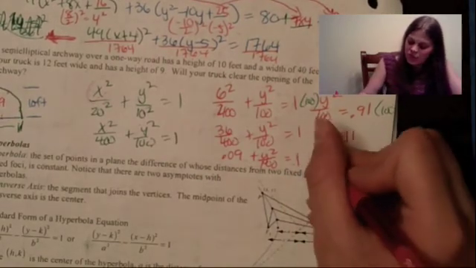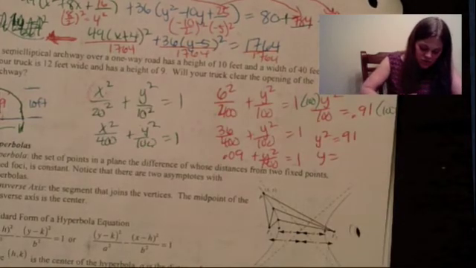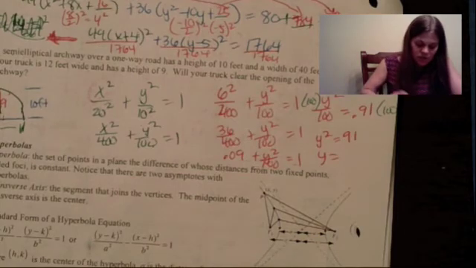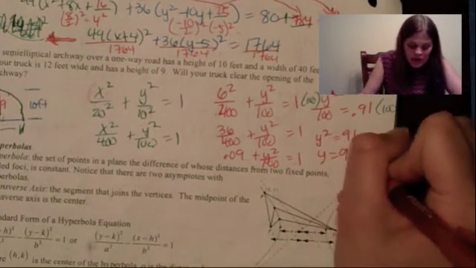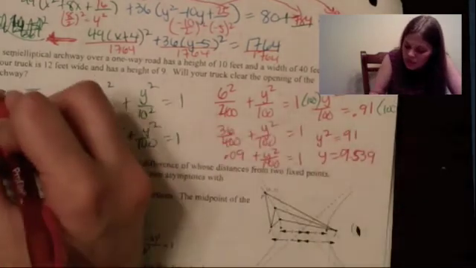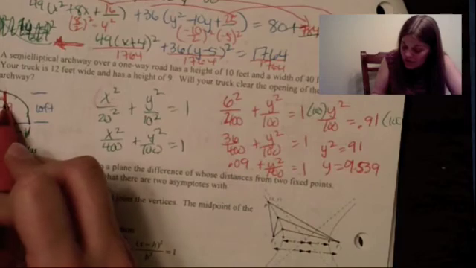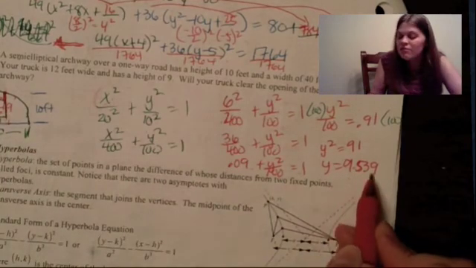So if I take the square root of 91, whoops, that's not the button I wanted. Okay, 91. I get y is 9.539. So right here at 6 feet over where your truck ends, the height is 9.539 feet.